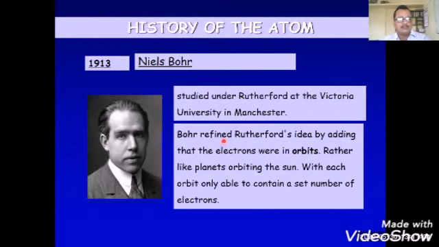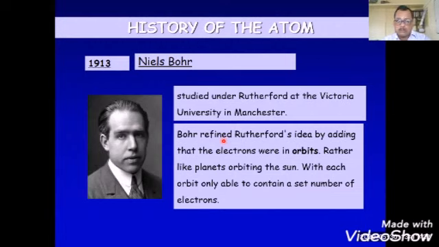And the different planets, starting from Mercury, Venus, Earth, Mars, Jupiter, Saturn, Pluto, etc., are revolving around the sun and they have their own path, and this path is called an orbit.